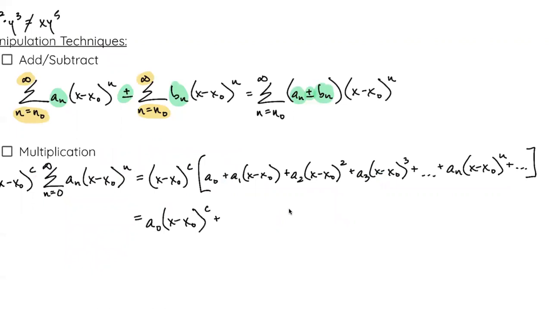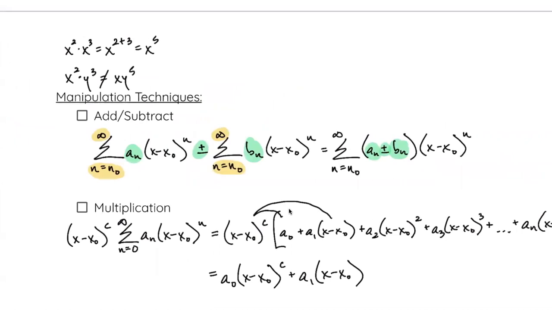Plus, let's see what happens when I do the second one. I'm going to have a sub 1 x minus x naught. What is the power for this one? Like after I distribute, what is the new power there? Yeah, so let's check this out.